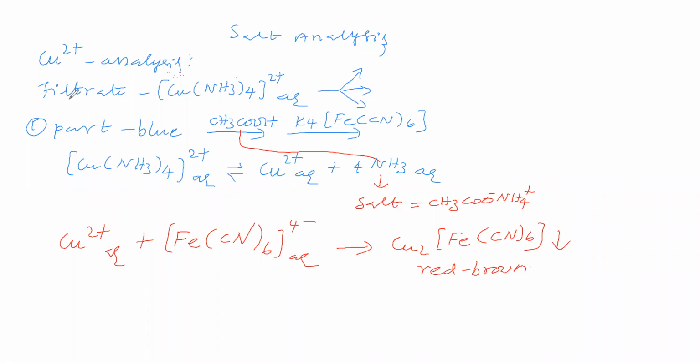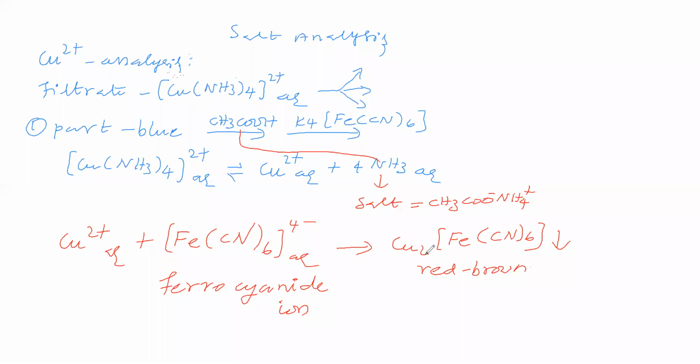So to the first part of the filtrate, you add acetic acid to neutralize ammonia and make the complex free copper ion. Then you add potassium ferrocyanide, which gives the ferrocyanide ion, and the cupric ion becomes Cu2[Fe(CN)6].